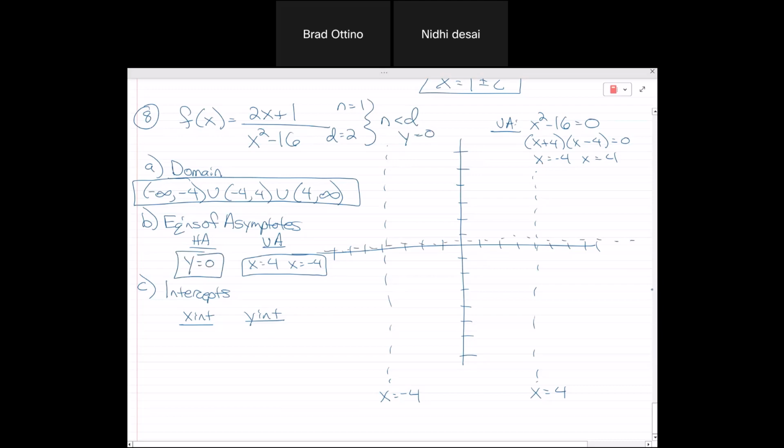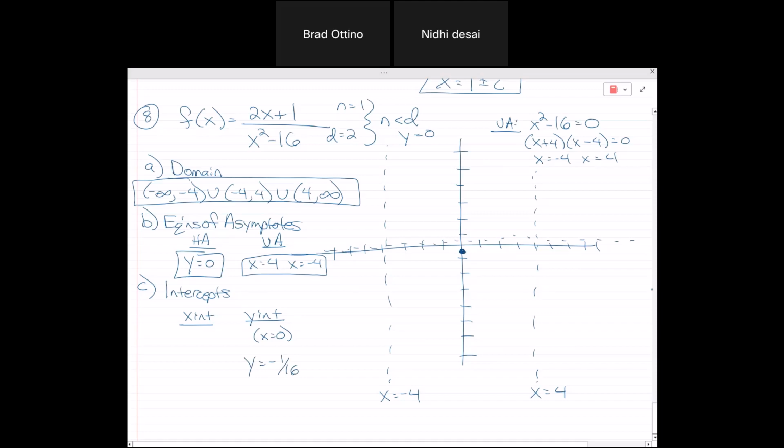The way we get the intercepts, just like for any other graph, we get the y-intercept by putting 0 in for x. So we just get y is equal to negative 1 over 16, which we know is just below the x-axis.